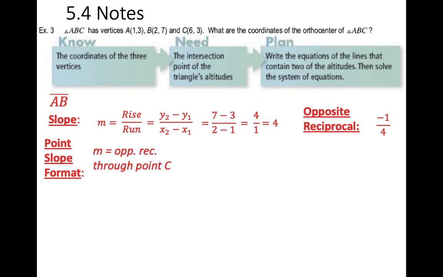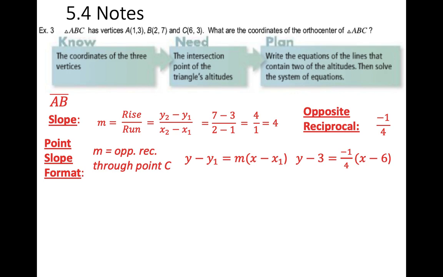Again, m is -1/4, y1 is going to be 3, and x1 is going to be 6. So now I have an equation for the altitude that starts at C and is perpendicular to AB.